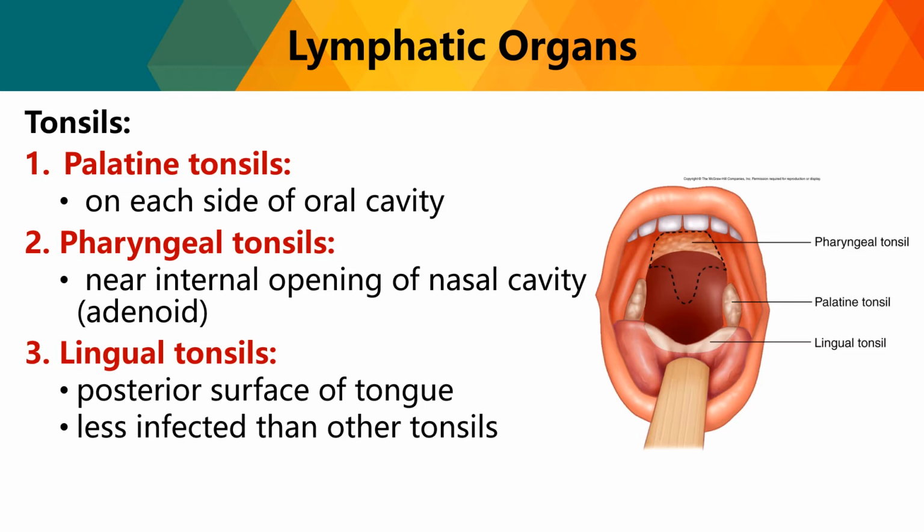The removal of the pharyngeal tonsil is called an adenectomy, and the removal of the palatine tonsil is called a tonsillectomy. Lastly, we have the lingual tonsil. This is found on the posterior surface of the tongue, and it is less infected than the other tonsils.